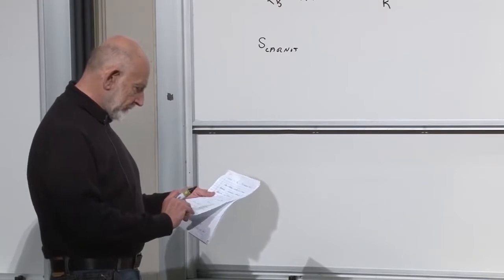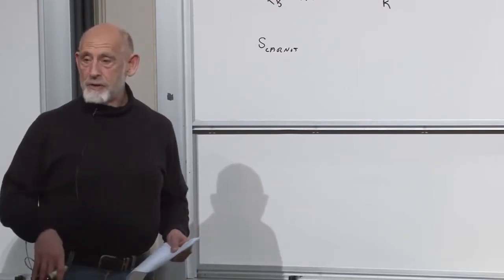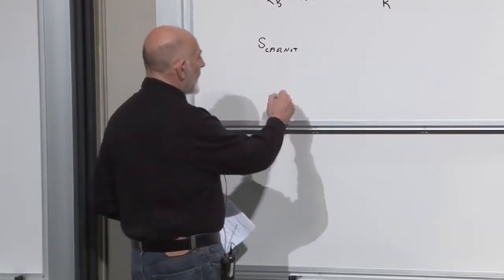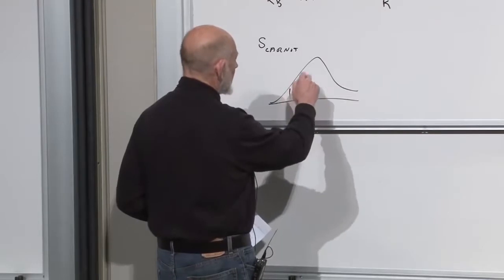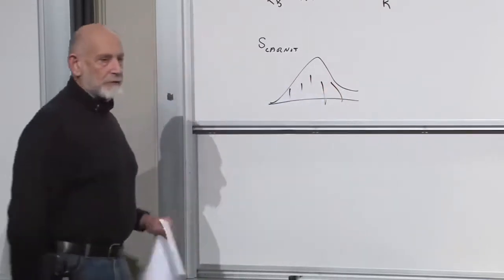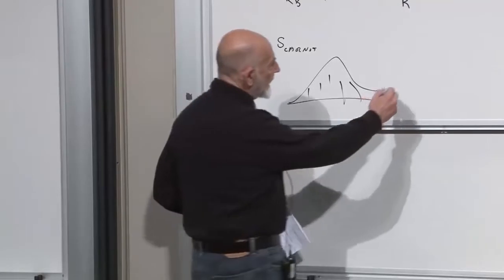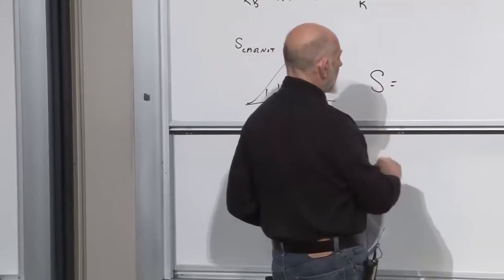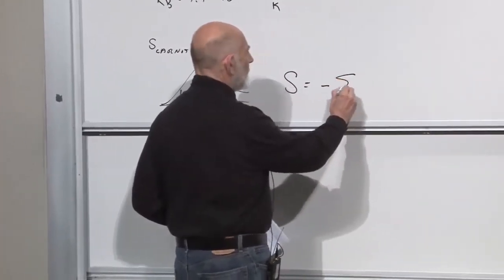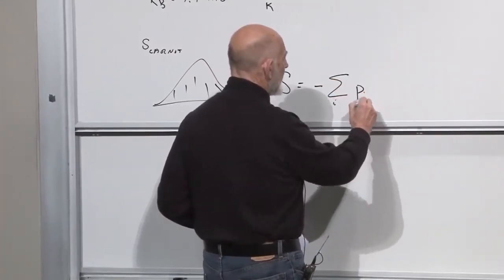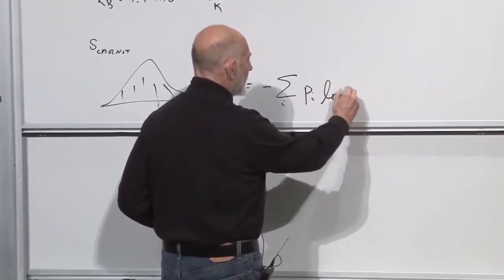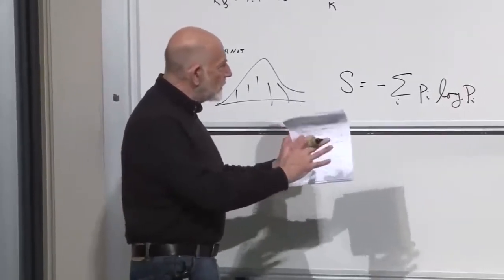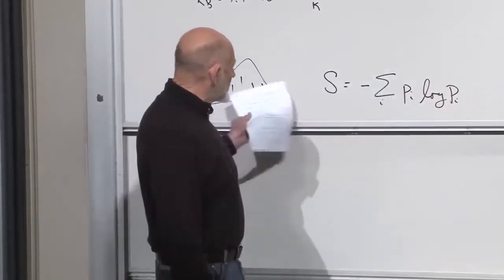Do you remember what entropy is from a statistical point of view? If you have some probability distribution over some discrete set of states, then we define the entropy S, capital S now, to be minus the sum over all the states of p sub i logarithm of p sub i. We did that last week, and it's a rough measure of the logarithm of the number of states which are important under a statistical distribution.